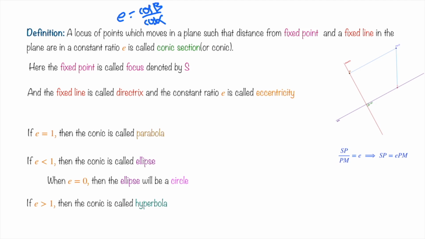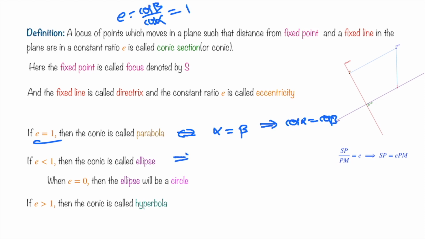I will not prove it here, but I will make sense of it. We know we get a parabola when alpha equals beta, right? If alpha equals beta, then obviously cos alpha equals cos beta. So the E value, cos beta by cos alpha, will be 1. So this makes sense.